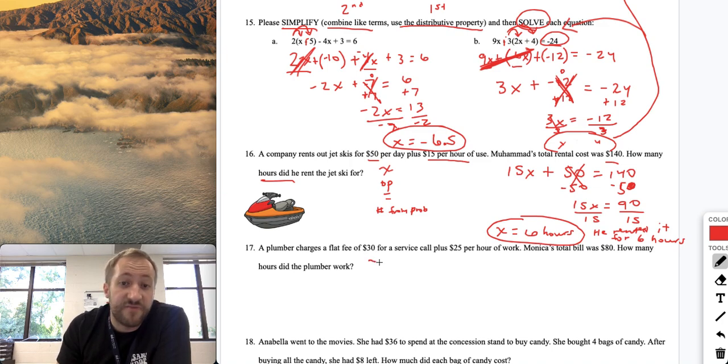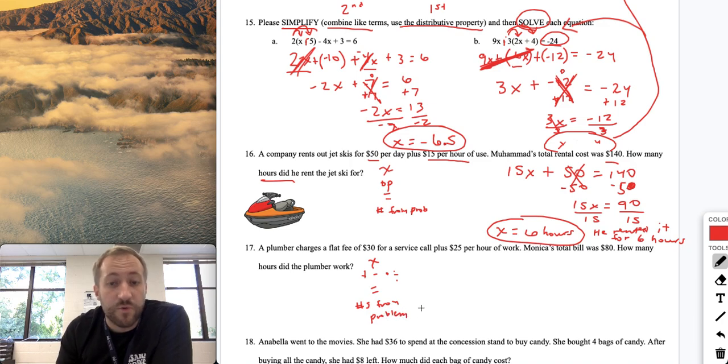So I know I need a variable in every single equation. I know I need an operation, and those are addition, subtraction, multiplication, or division. I need one of those. Then I also need an equal sign, and I need the numbers from the problem. Let me say one more thing. Whenever we set up an equation, we've said this every day in class, the x, the variable, can never be isolated already.